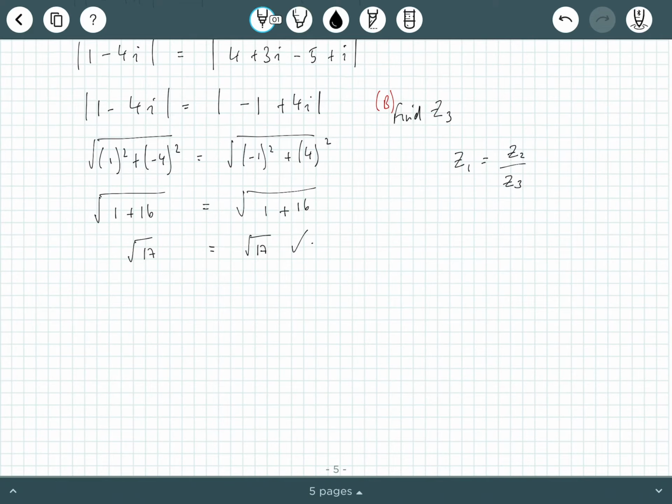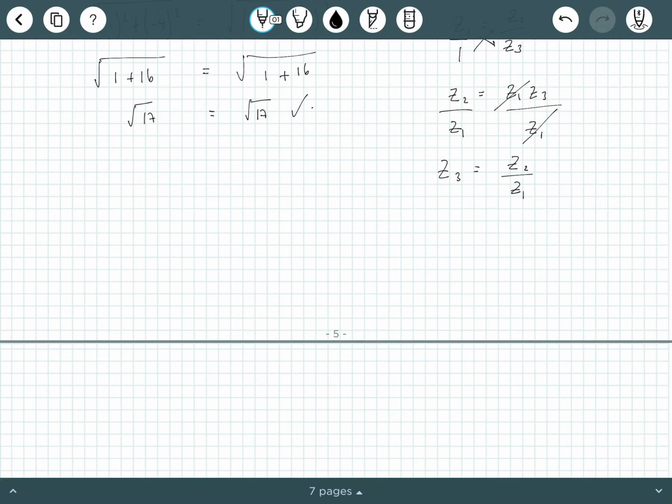Now we want to find Z3, so the best thing to do, lads, is rearrange this so you have Z3 the subject of the equation. If I cross multiply, you have Z2 is equal to Z1 times Z3. I want Z3 on its own, so I'm going to divide both sides by Z1. They cancel, so you're left with Z3 is equal to Z2 over Z1.